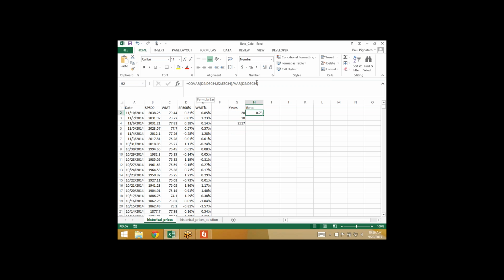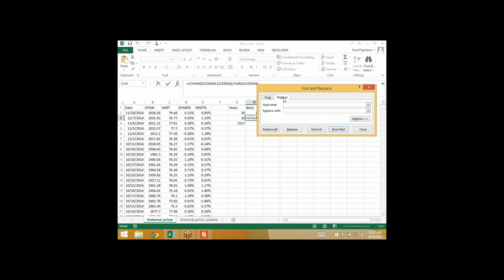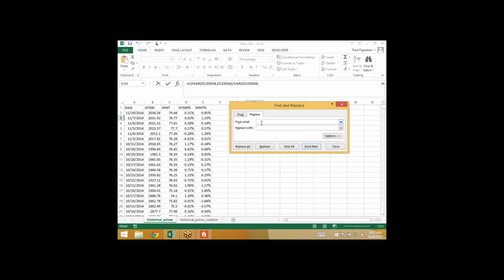So I'm going to copy the beta formula. Just going to highlight everything, paste it. I'm going to change everything from D2 to D2517. So instead of 5034, I'm going to do 2517. And I can replace, if you want to do it quick, 5034 with 2517.